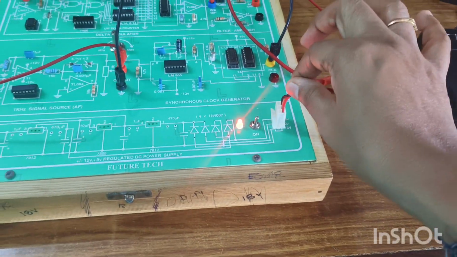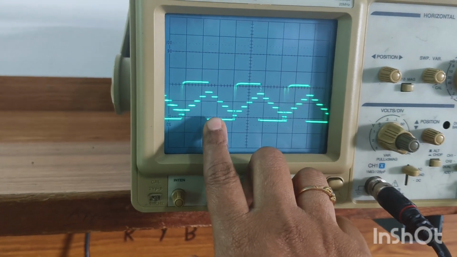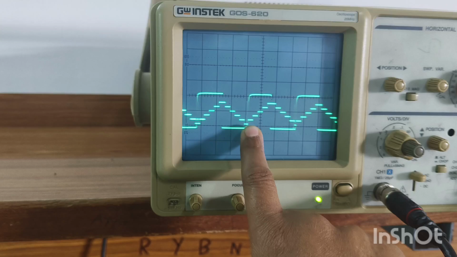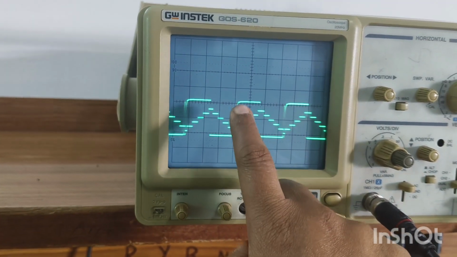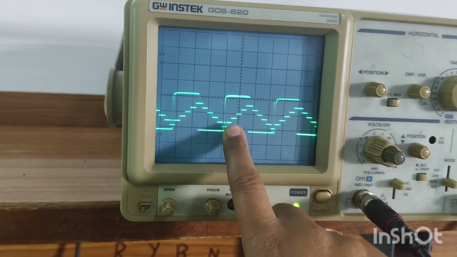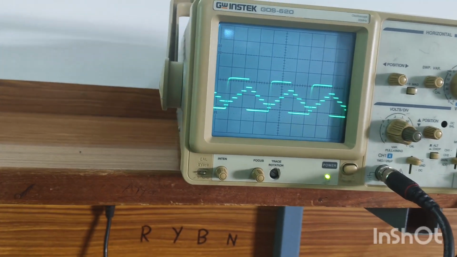Whenever D2A is decrementing, this goes off. Whenever it is decrementing, we will get the DM output as 0. So now for one cycle, how many quantization levels are we getting, positive as well as negative? That we need to note down for one cycle of the AF signal.